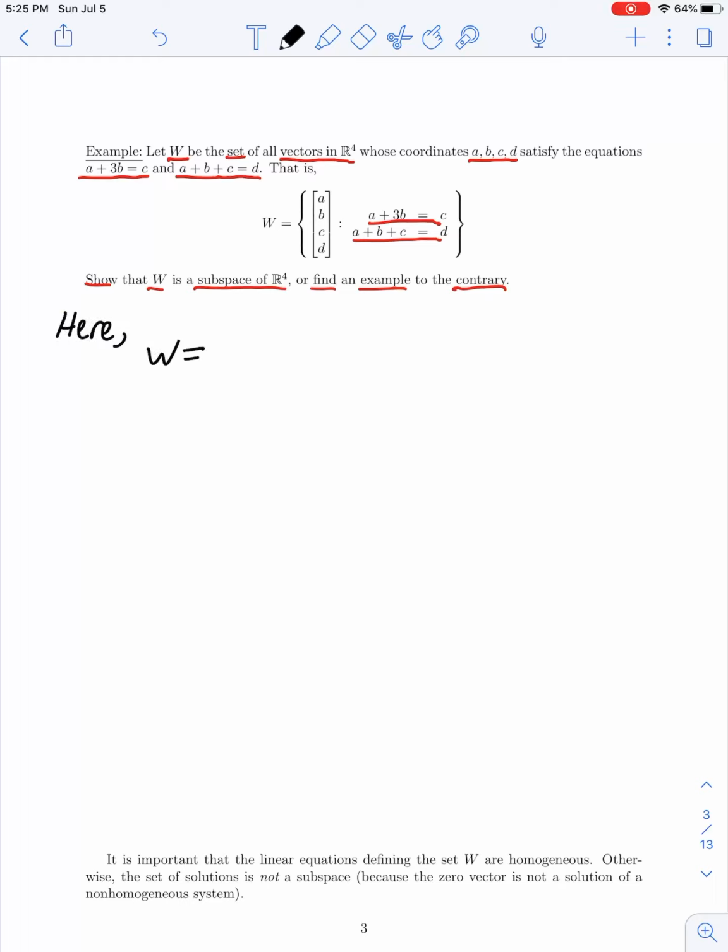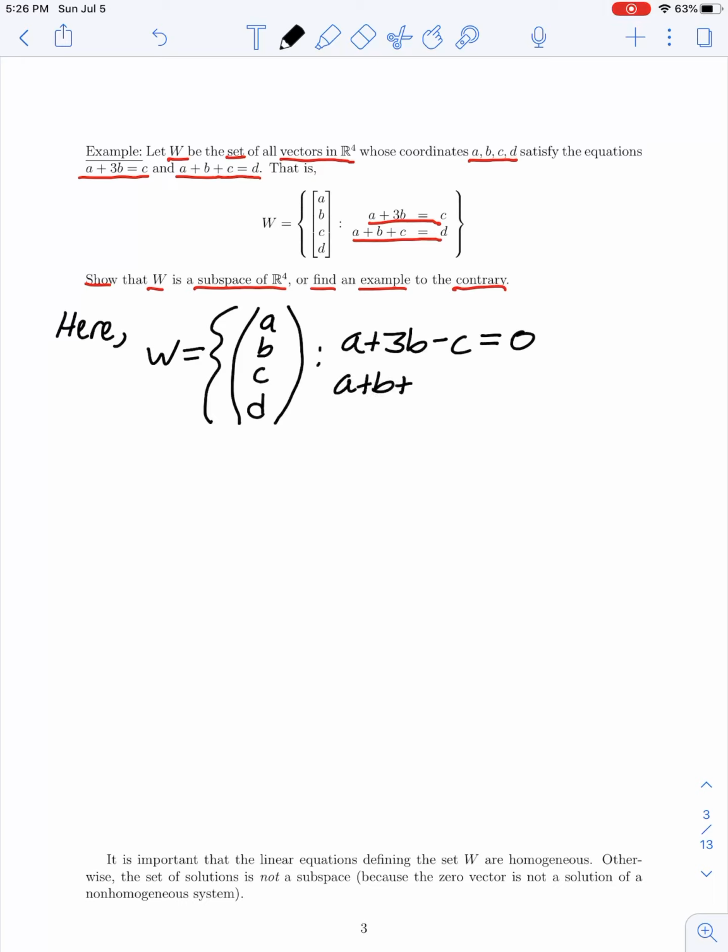W, I could think of as the set of all vectors A, B, C, D in R4, such that these equations, which are satisfied, I could rewrite in the following way. My first equation I could write as A plus 3B minus C is equal to 0. And my second equation I could write as A plus B plus C minus D is equal to 0.